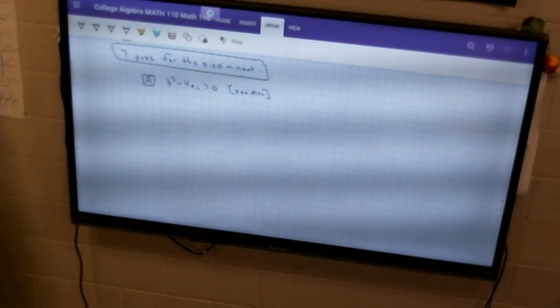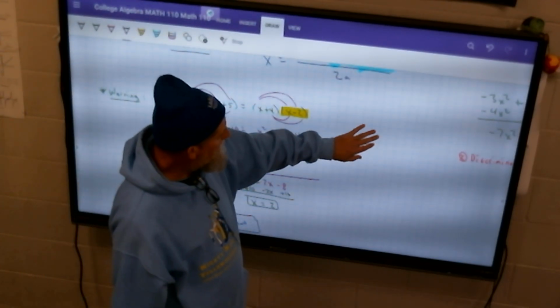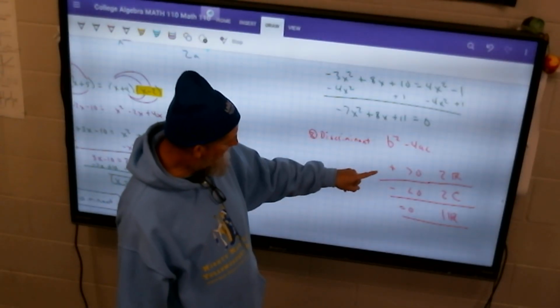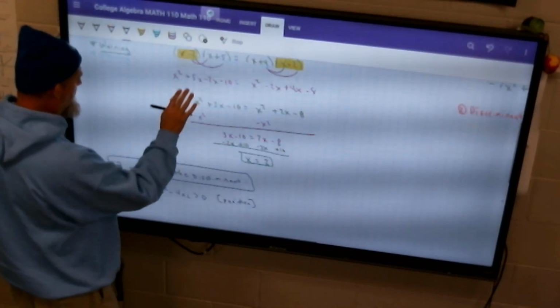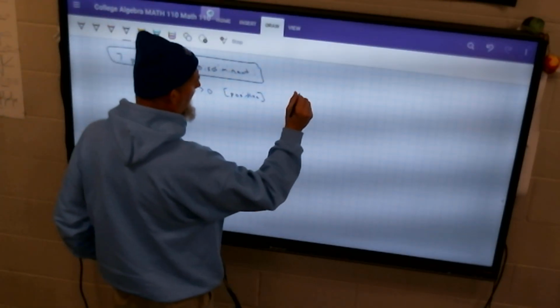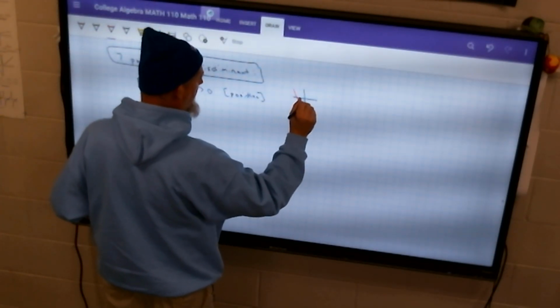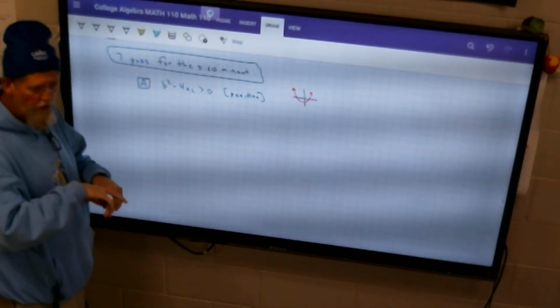If the discriminant is positive, how many answers do I have and what type? Remember, if b squared minus 4ac is positive, I'm going to have 2 real answers. So what that's going to look like is, when I have my equation, it's going to cross and have 2 answers here and here. Or it could go the other way.